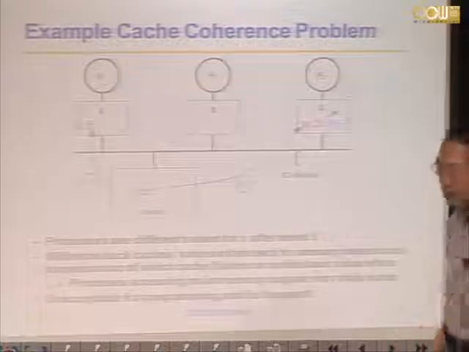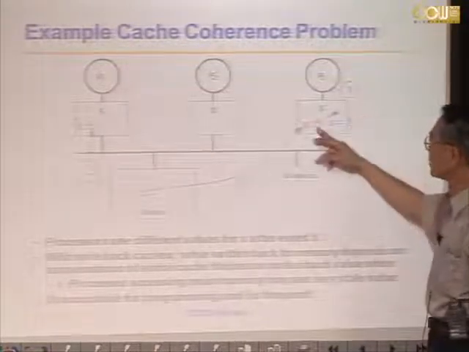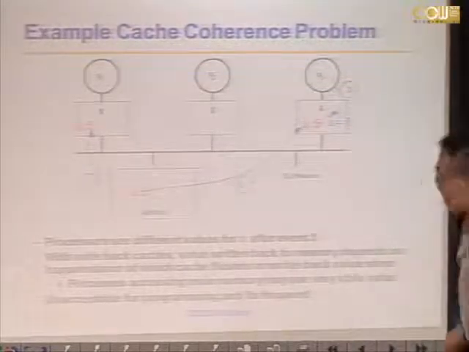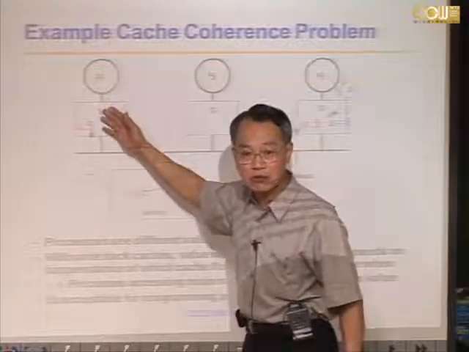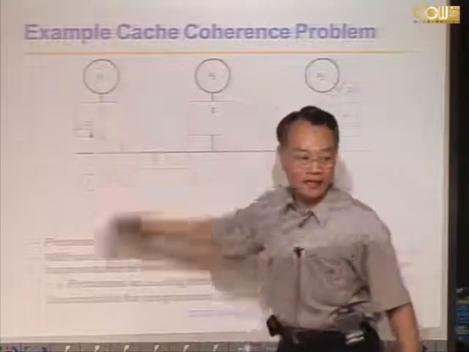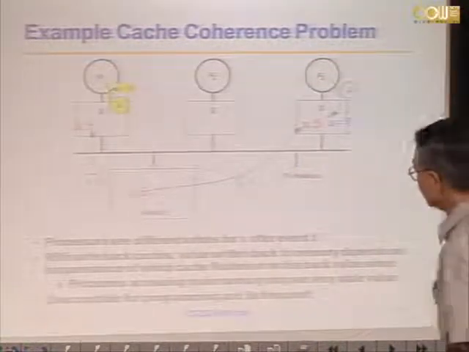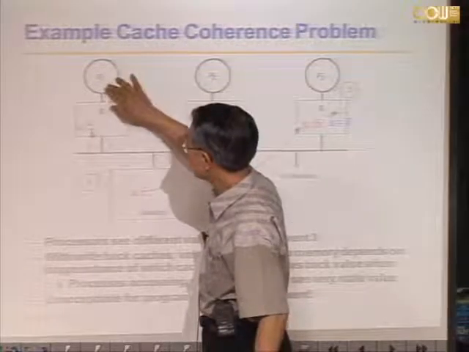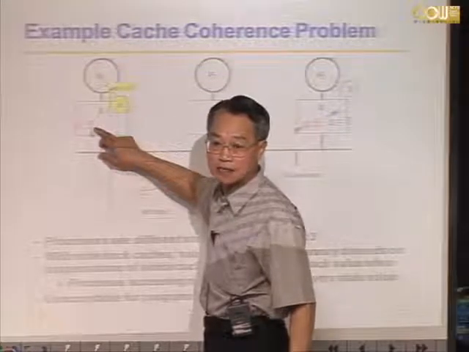Yet, what if this processor wants to assign a new value to this variable? U becomes 7. Does it know? Not yet. Does it have to know? Sure. Okay. How does it know? U has been updated. What if it wants to use U again? You could get the wrong value if we don't handle things properly.